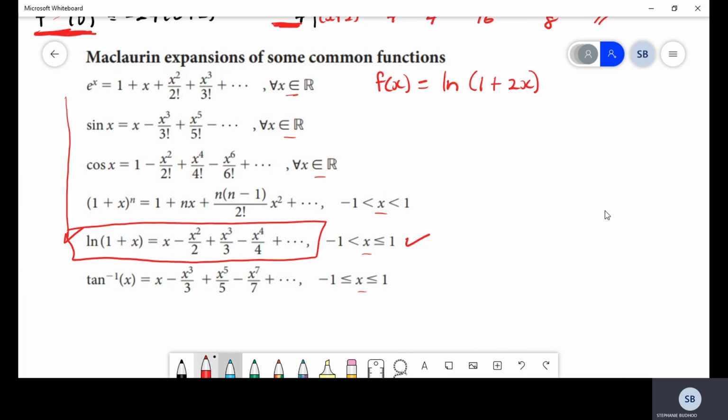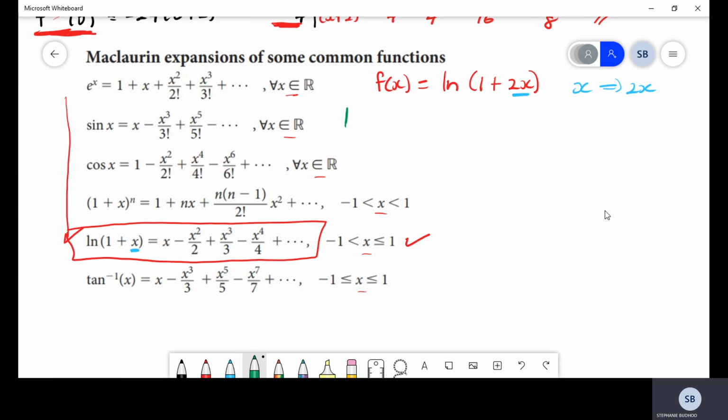If you notice that in the standard expansion, they have x, but in your question, you have 2x. So you can recognize that x is simply being replaced by 2x, and you can alter your standard expansion to look as follows.